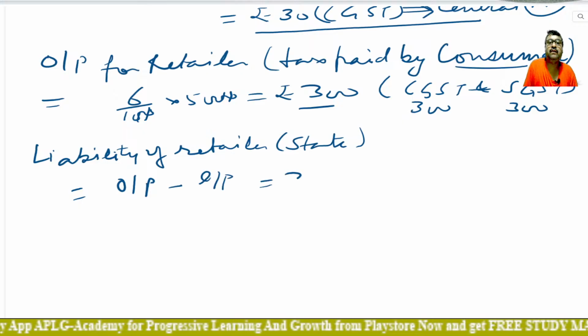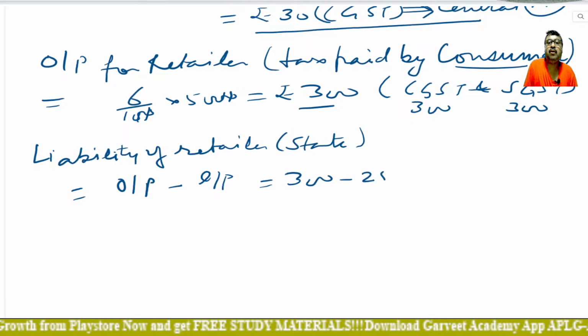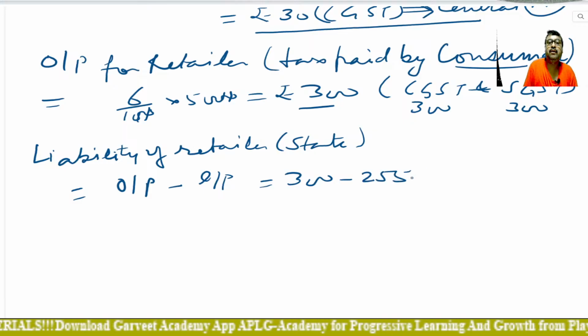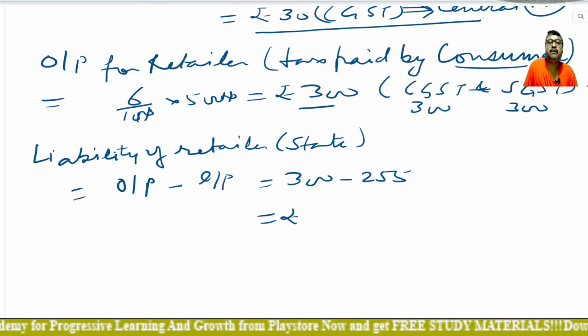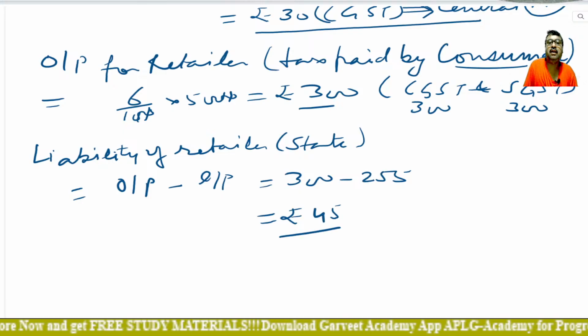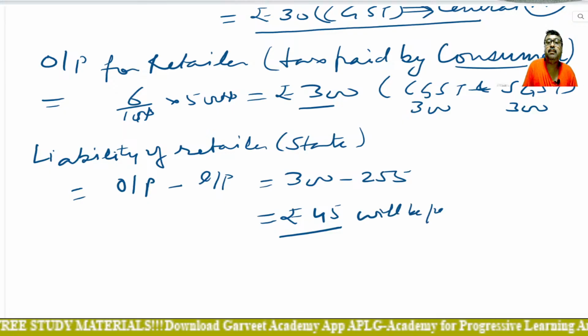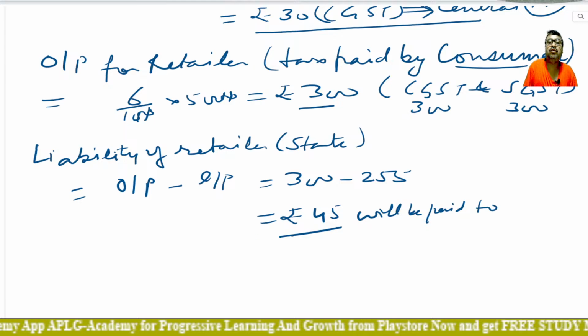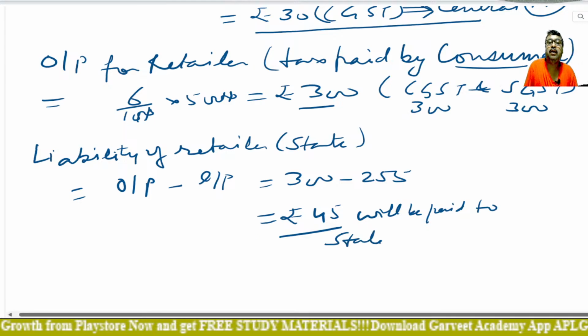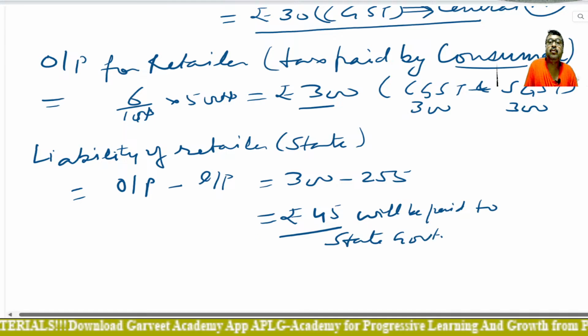His output is 300 and he already paid 255. So rupees 45 is the liability of the retailer, which will be paid to the state government. By whom?